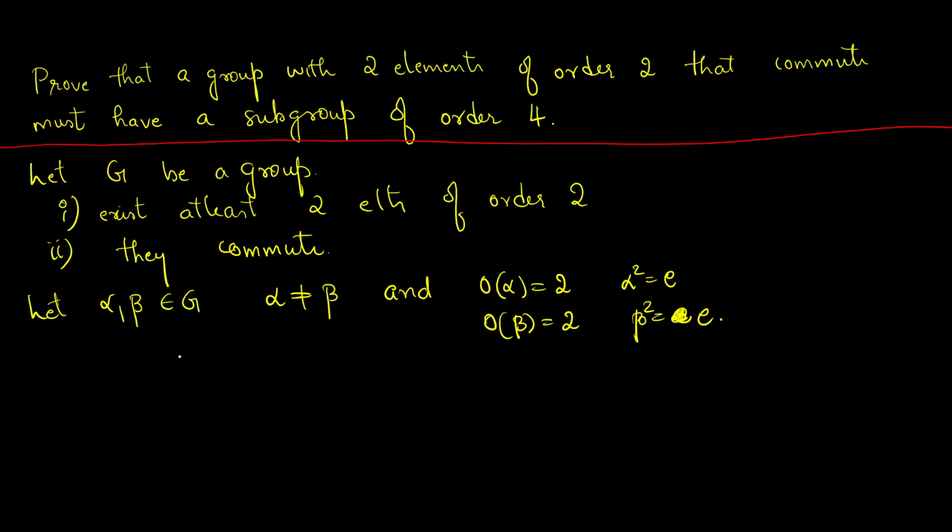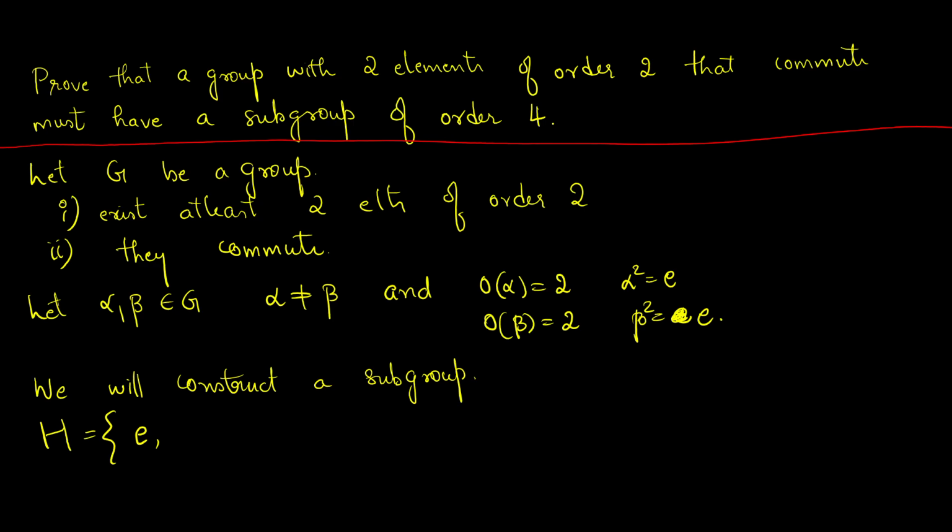Now we have to show that it has a subgroup of order 4. So what we will do is construct a subgroup. Consider H. Now we are trying to construct a subgroup, right? So definitely the identity element we should put in.